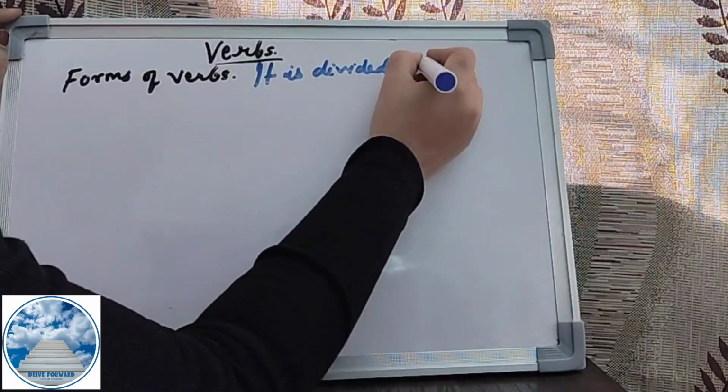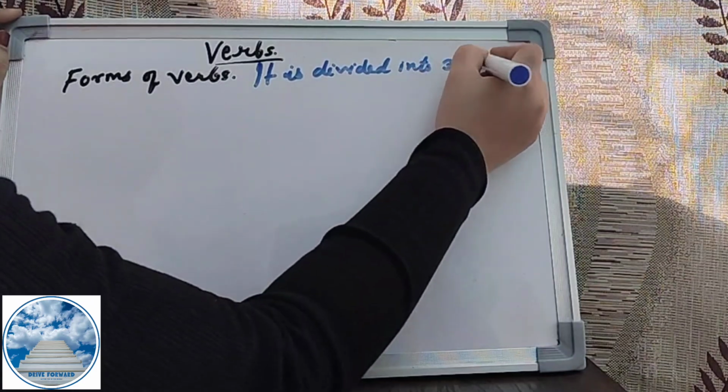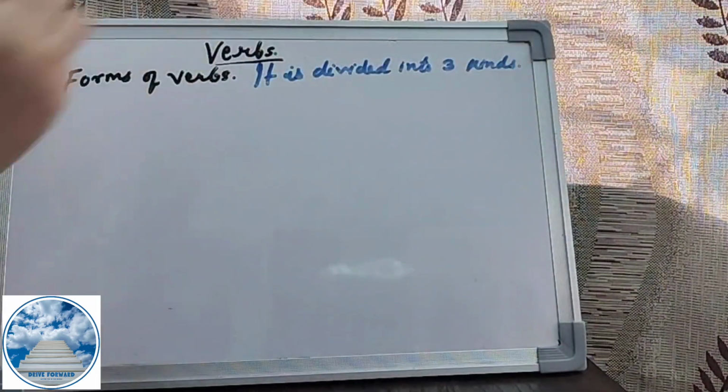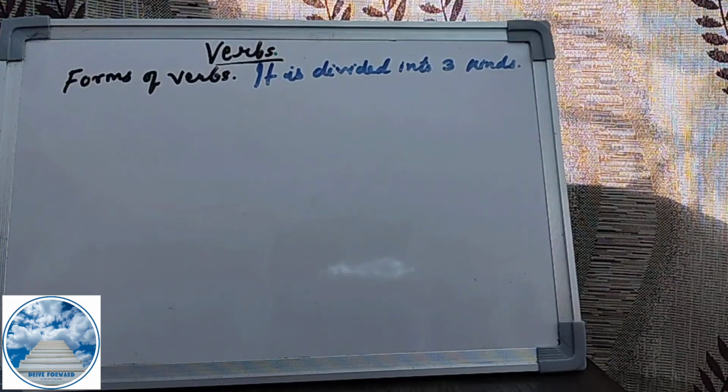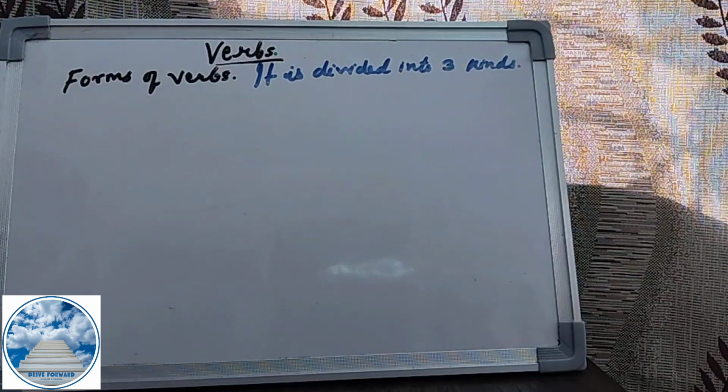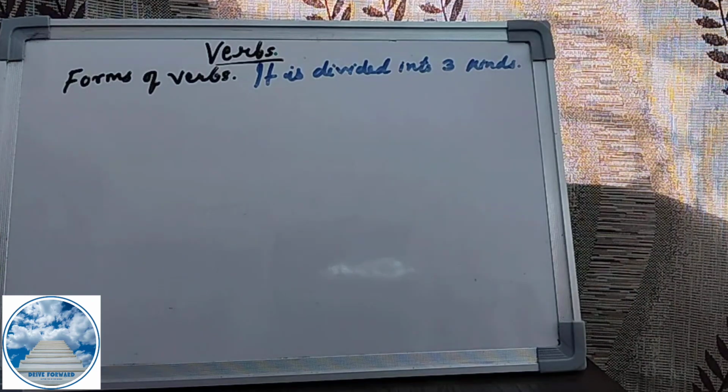So what are the three forms of verb? The three forms of verb are base form, past form, and past participle.